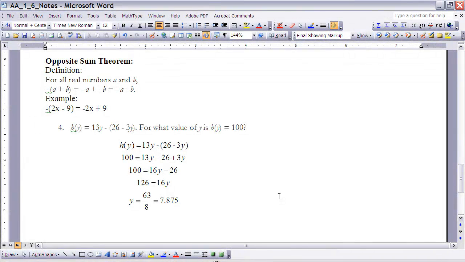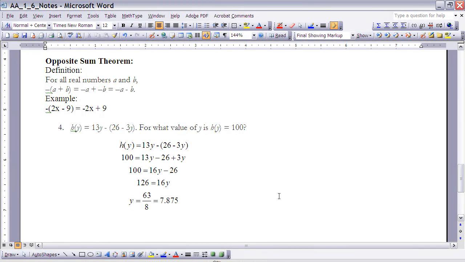Okay, the last theorem that we have here is what we call the opposite sum theorem. It says for all real numbers a and b, the opposite of the quantity a plus b, in other words, negative the quantity a plus b, is equal to negative a plus negative b, or negative a minus b.